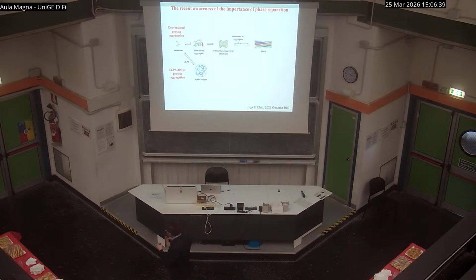So we have liquid droplets where the molecules are disordered. We have low affinity interaction, multivalency, because the molecules can diffuse into the droplets, so they can change partners in the interactions exactly as water molecules do in a liquid state.